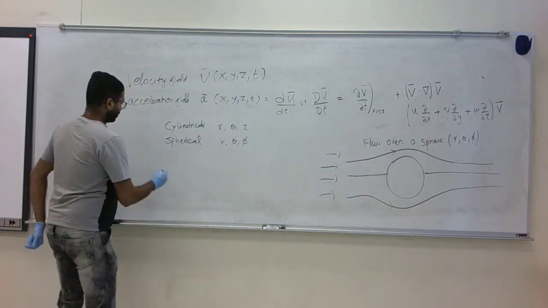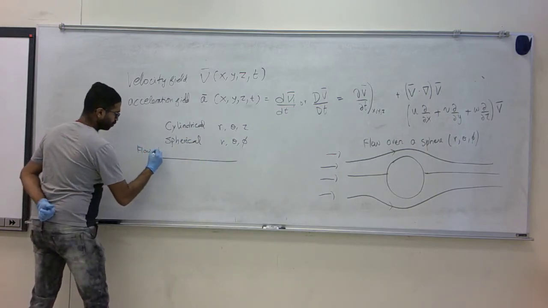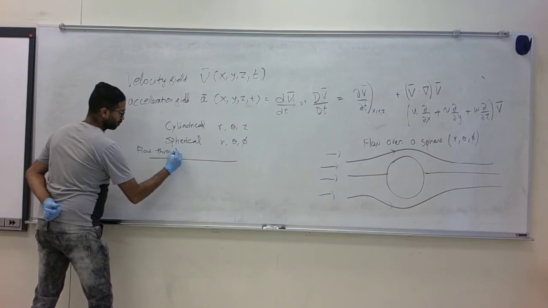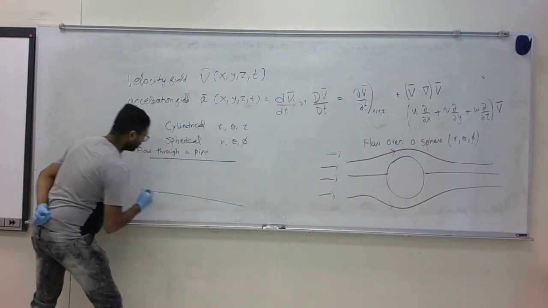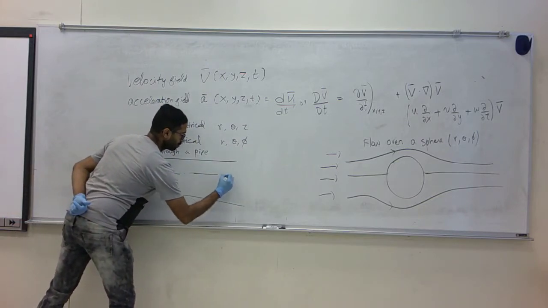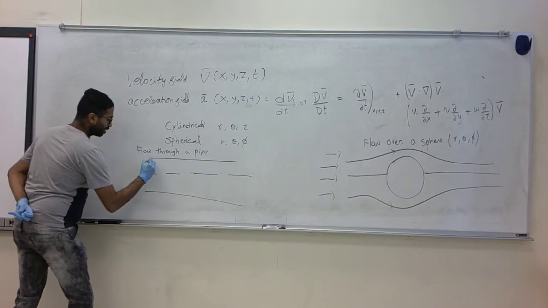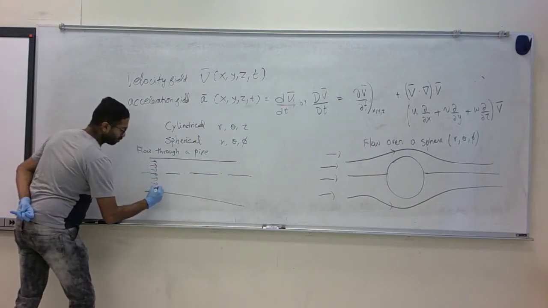Likewise, for example, if you have a flow through a pipe, let's say you have the axis, okay, here's the flow coming in, and we will see this in detail in a later module.